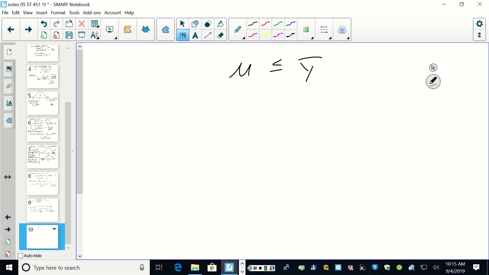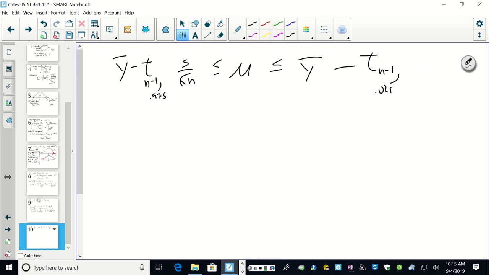So the lower one was y bar minus t n-1, 0.975, and then s over the square root of n. And the other one was y bar minus this t n-1, 0.025, s over the square root of n.